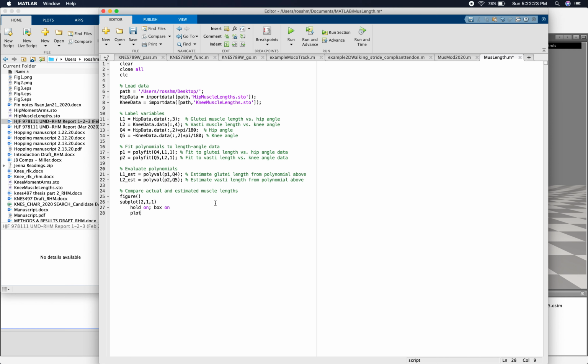I'll plot my actual length in black, and my estimated length in a red dotted line.